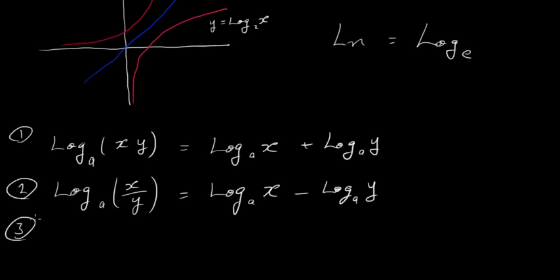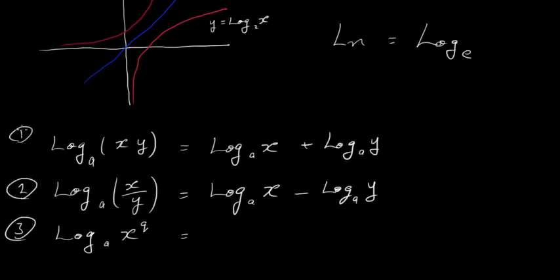The third one we're going to look at is the log of, let's say, x to the power of q, and again to the base a. This is a very useful law, and it comes up quite a lot in questions.